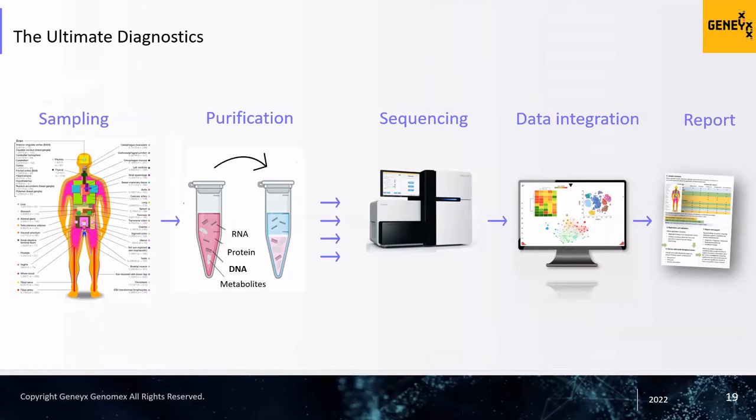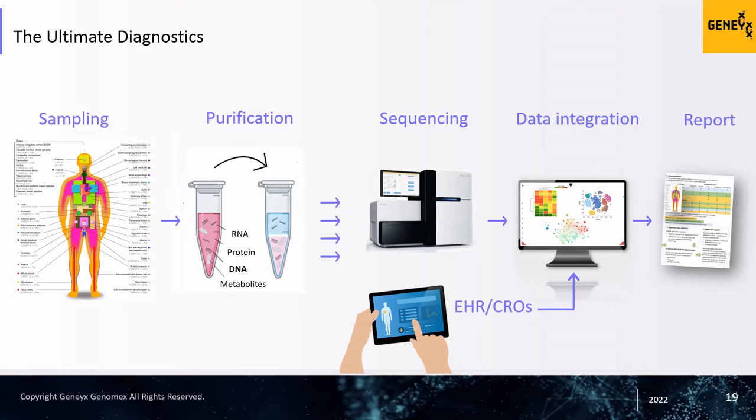Whether that's sampling, purification, taking this to sequencing, data integration, and report, we're providing you with the ability to harness all of the genetic data, integrate this into your LIMS or EHR system, but more importantly, resolve those novel disease variants that you're seeing within your patients.